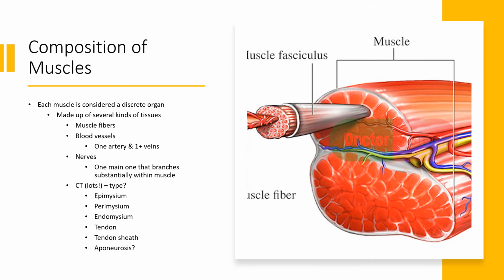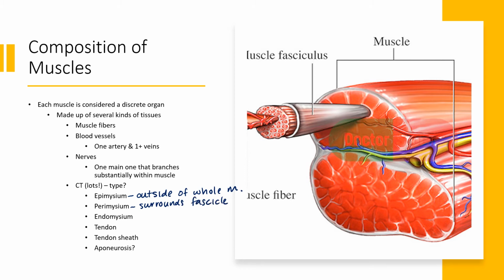And you've got lots of connective tissue in any given muscle. You have epimysium, outside of the whole muscle. Perimysium surrounds a fascicle.